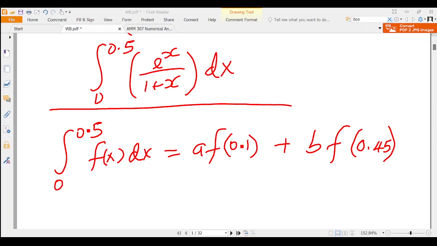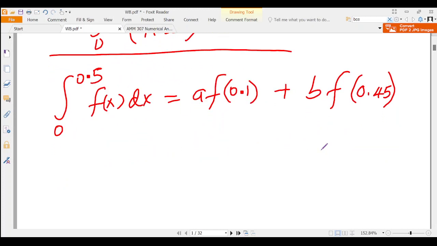In this case, we note that this method that we have written here has two unknowns. The unknowns are a and b. So it means that this method can be made exact for a polynomial of up to degree 1.